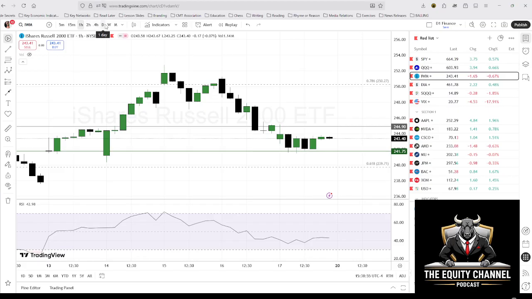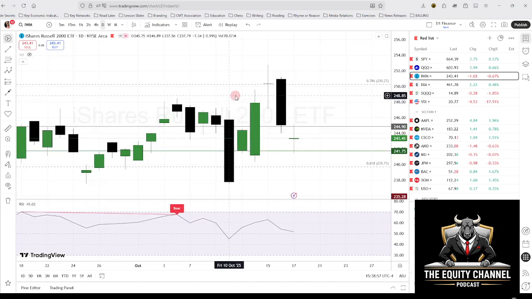So let's go to the daily chart. Got about 0.67% to the downside on this day right here. So let's look around. See this? All right, 0.67, 1%.